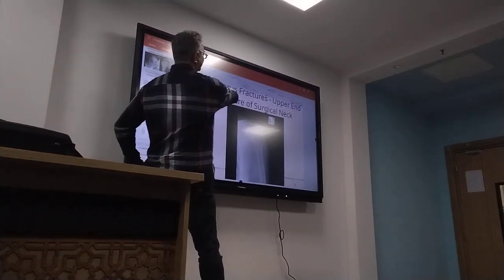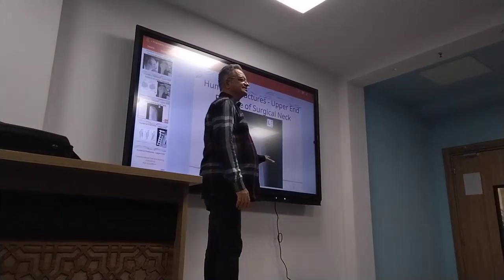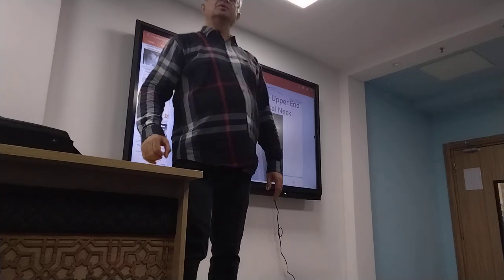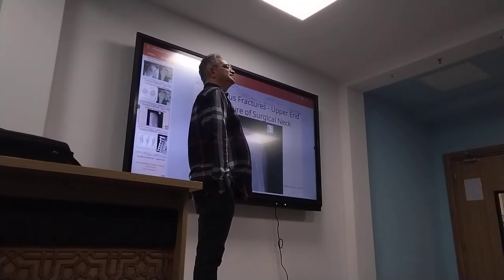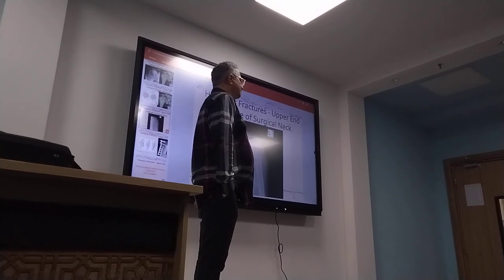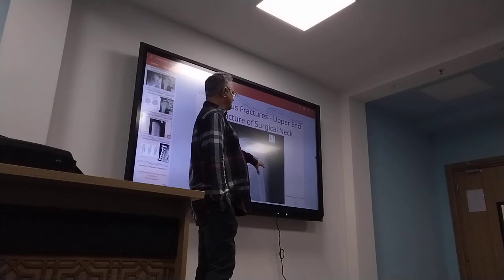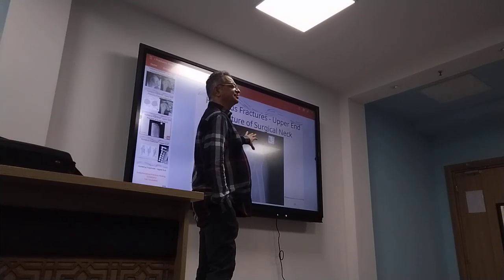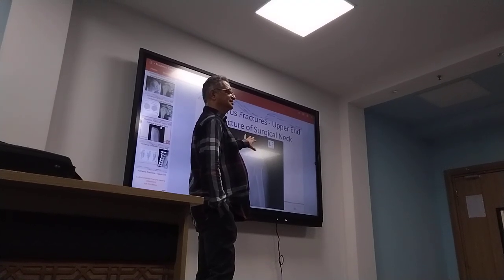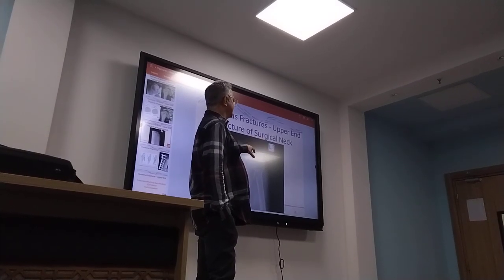Okay. So the humerus fracture, upper end fracture of the surgical neck. We know that there is a surgical neck on the humerus bone, you see that, and there is the upper third of the body of the humerus, you can see that. And when we are looking at the upper end of the humerus, it can be exactly like the fracture of the scapula. They are similar, because all of them are located in a similar area.